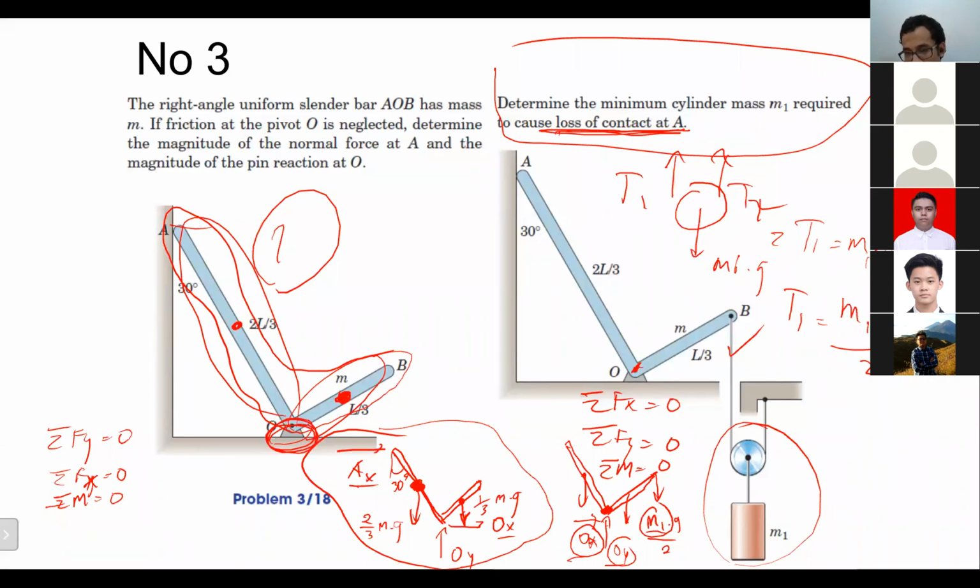So the variable that will still be there will be M1, so you will be able to get M1 directly. You can try sigma moment at O equal to 0. You get it, Asad? Yes.